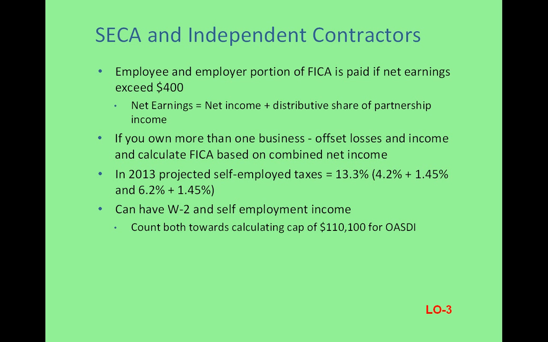And you're allowed to bring both of those in to find out when you reach that cap that we talked about in the discussion in the previous integrity lecture. That cap of, in 2012, for example, was $1,010. You get to include your other income that is subject to Social Security to get to the point where you're at the cap or not at the cap, based on self-employment additions to that W-2 income.